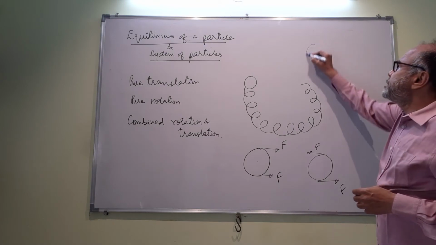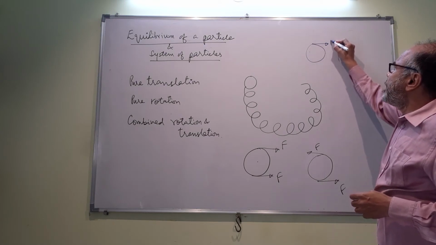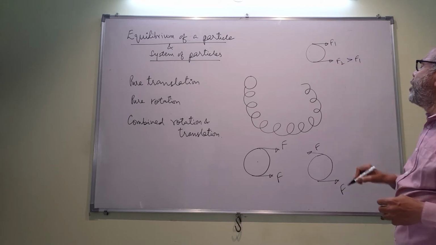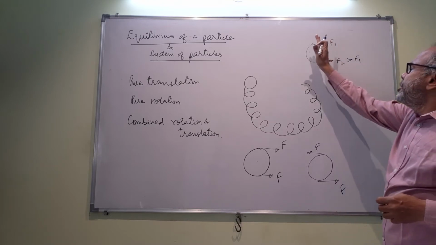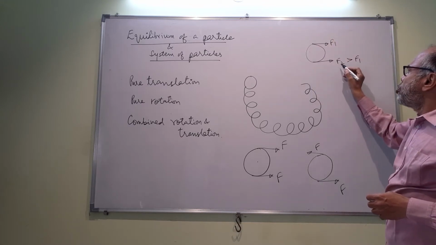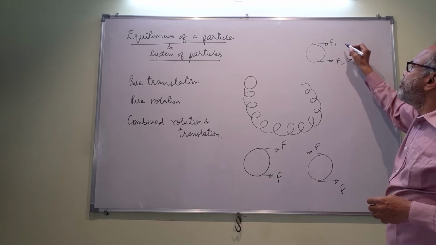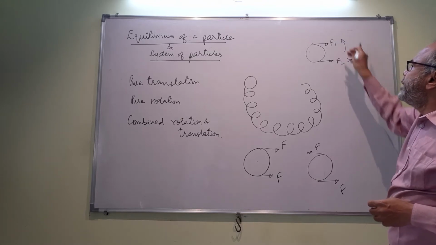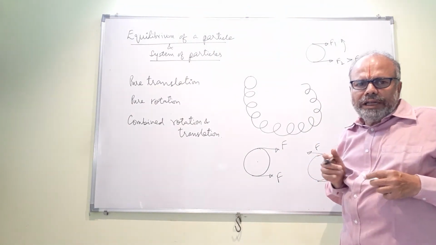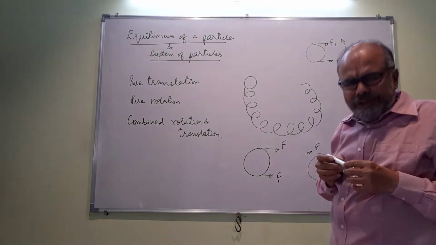If I had applied force F1 and F2, and F2 was greater than F1, then the disk would translate towards the right, but the torque of F2 will overpower the torque of F1 and it will rotate in the anti-clockwise sense while translating. So it is the case of combined rotation and translation.